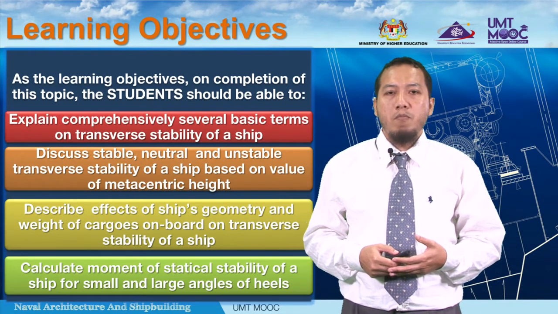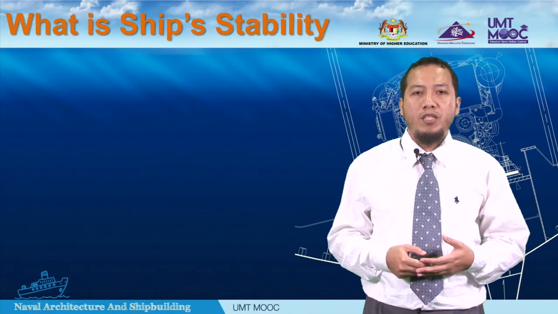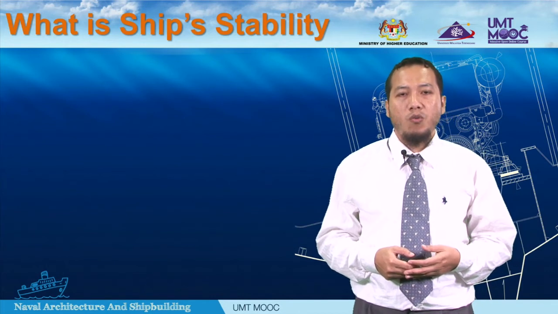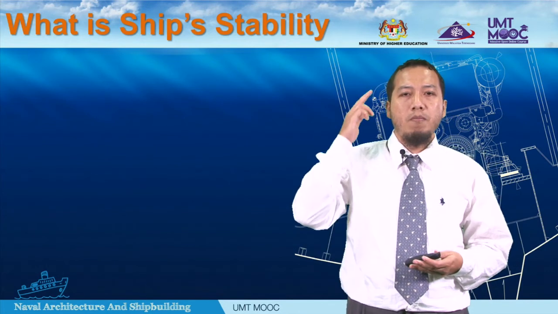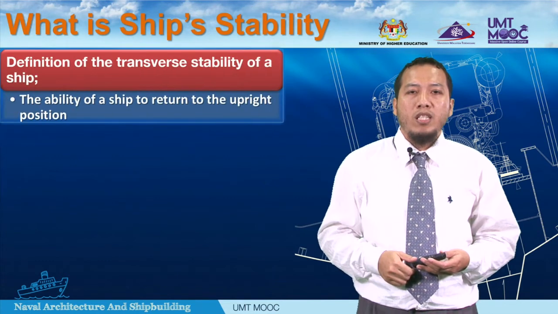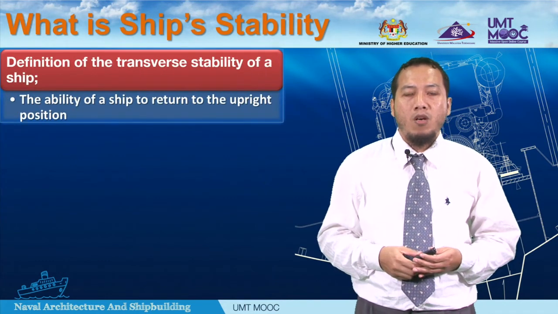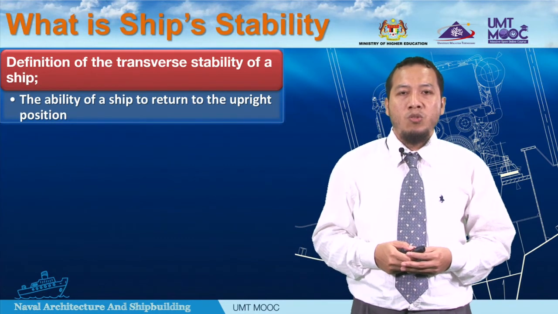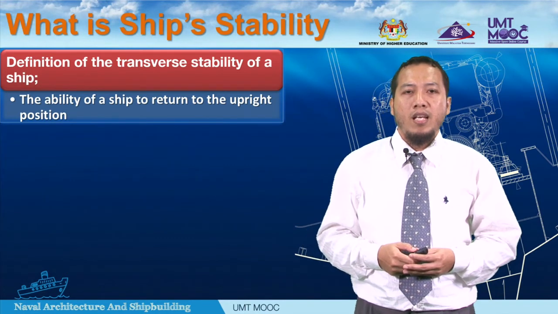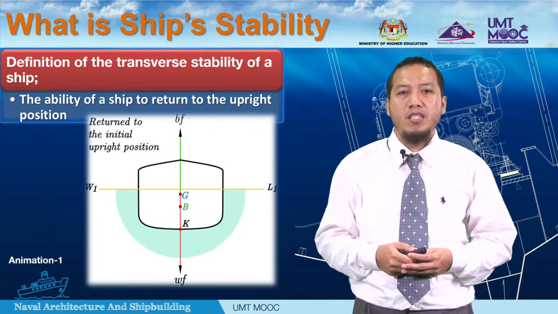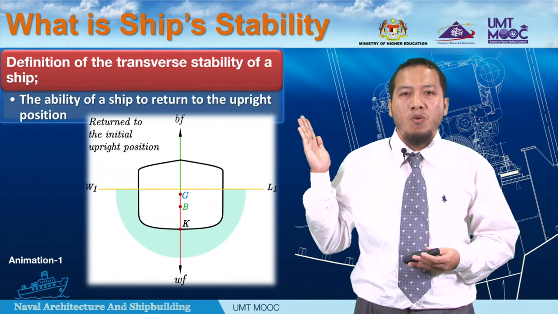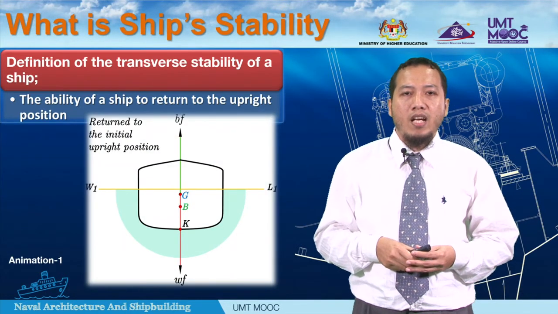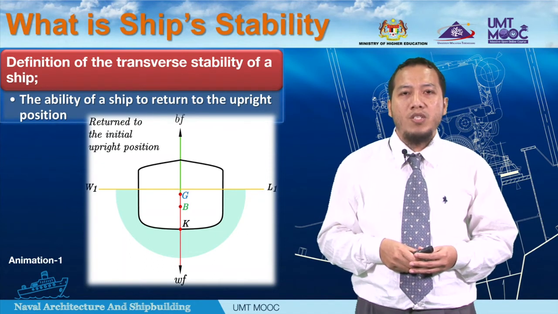As a preamble to the aforementioned learning objective, the fundamental question that appears in our mind is, what is transverse ship stability all about? Before I proceed to answer that question, let us see the animation here, which can assist us to have the correct answer accordingly.